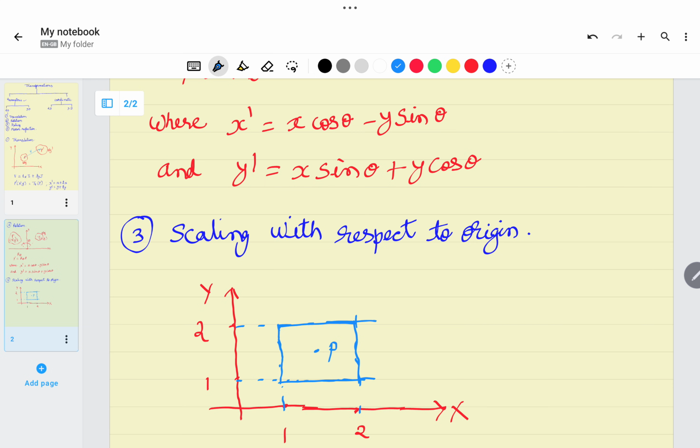Let us say we have a rectangle. Point P is a point of this rectangle.